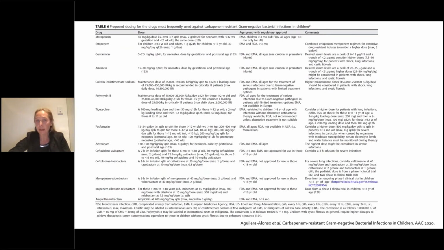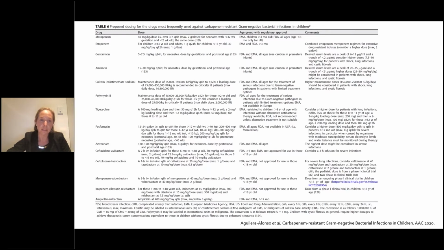So off-label prescribing is really a widespread practice. And when we look at the agents that we have available for treating multi-drug resistant infections in children, and this review nicely summarised it, that was published this year, we can see that the off-label prescribing is really so widespread across the globe.